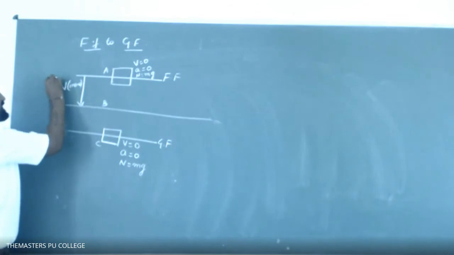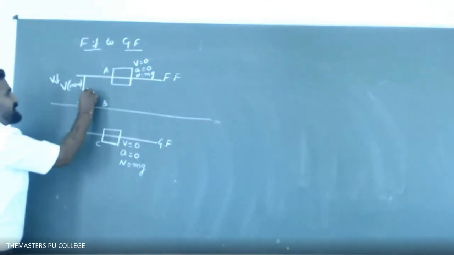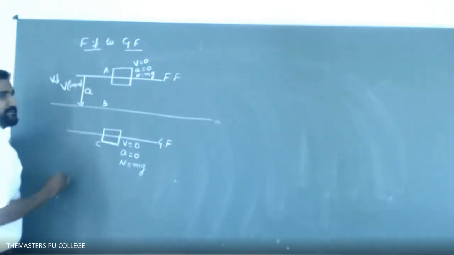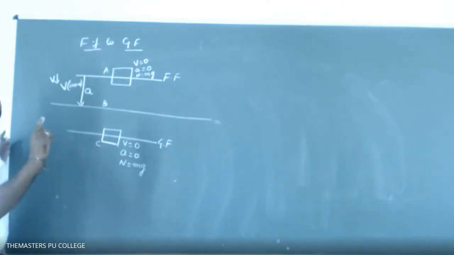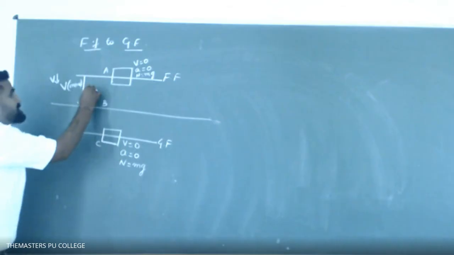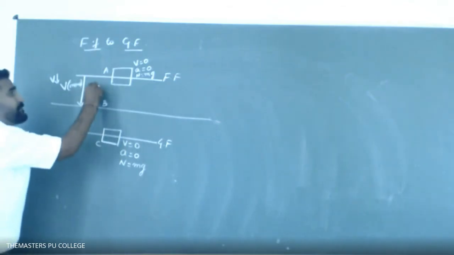It means velocity is in the downward direction. Correct? What happens if velocity increases? Acceleration increases or decreases? It should be in the downward direction or upward direction? Downward.